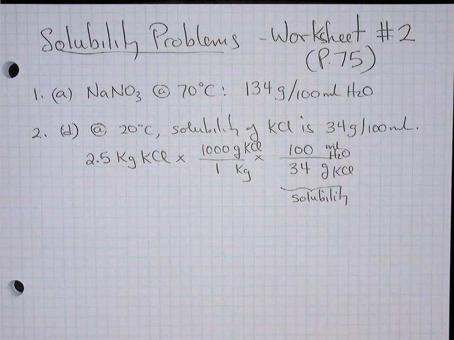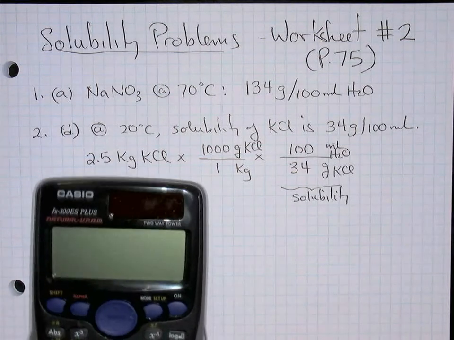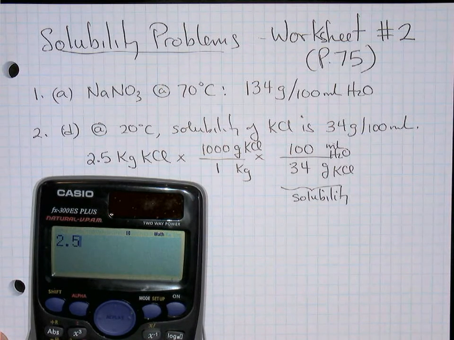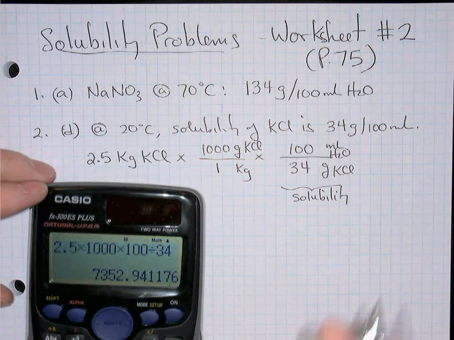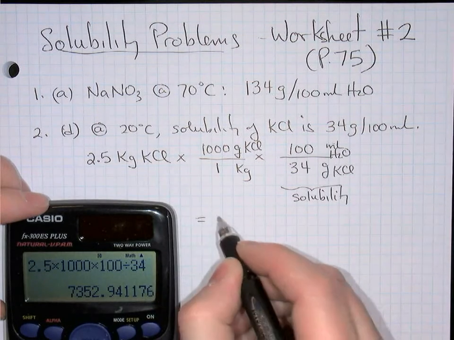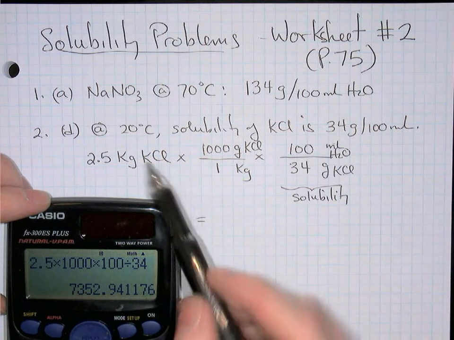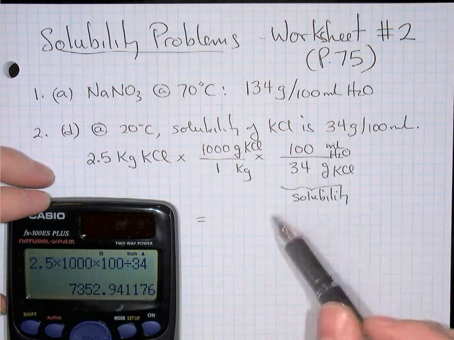So now we'll grab a calculator and we'll simply take 2.5 kilograms multiplied by 1,000 to convert to grams, multiply by 100 and divide by 34 equals, and we get this rather large answer. I'll switch that right away to scientific notation, and I'm going to keep two significant digits in the answer.